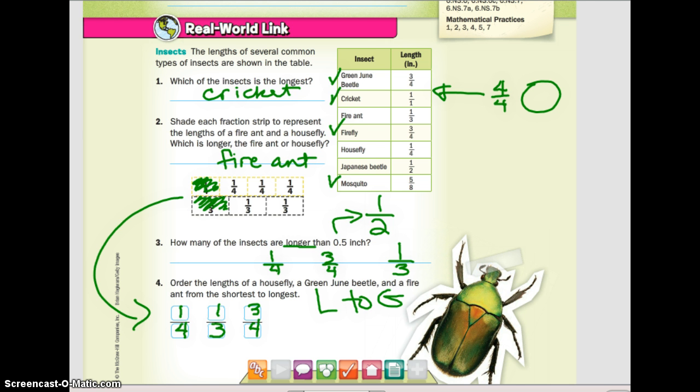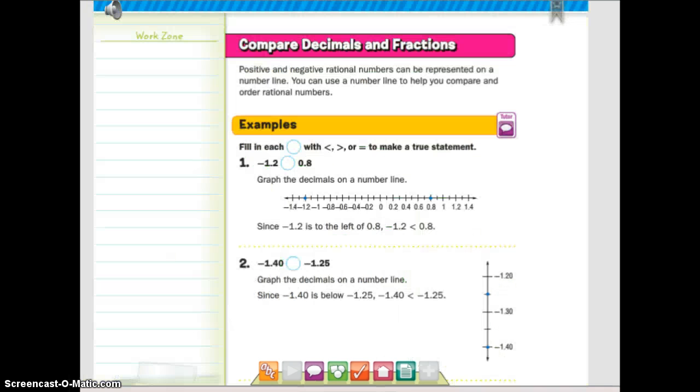Please turn the page. Just as we saw with whole numbers, or what we call integers, we can express partial numbers or rational numbers on a number line. Again, the negatives are on the left, the positives are on the right. We need to determine which of these statements is true.